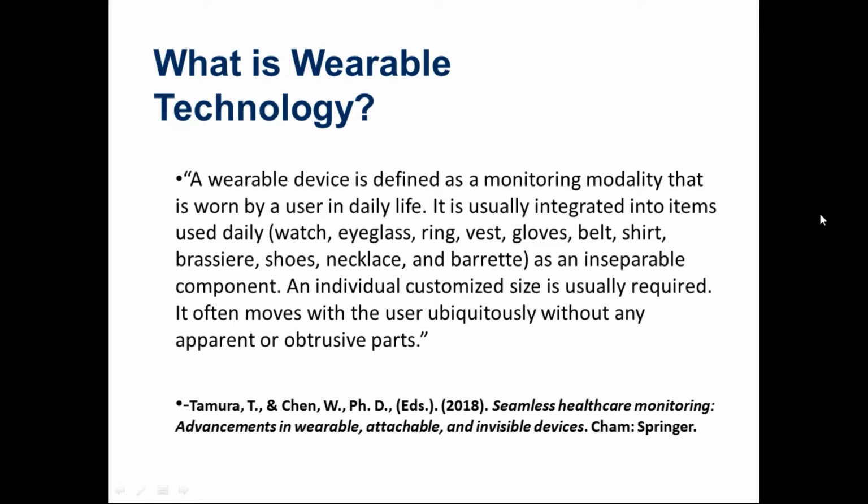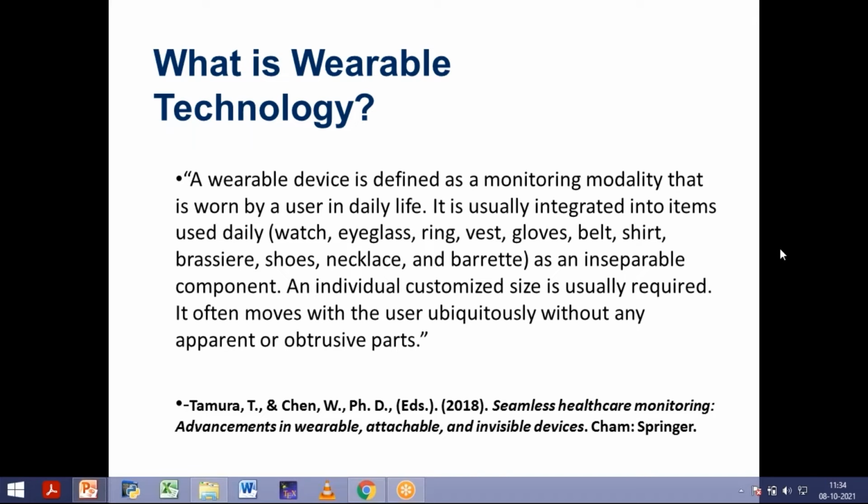So the definition was given by Tamura and Chen in 2018: seamless healthcare monitoring, advancement in wearable, attachable and invisible devices. In Springer, a wearable device is defined as a monitoring modality that is worn by a user in daily life.